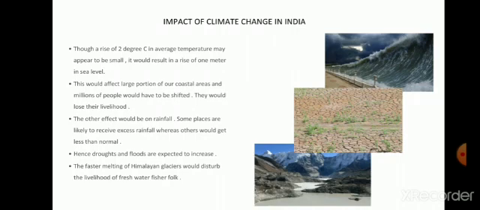Fifth, the faster melting of Himalayan glaciers would disturb the livelihood of freshwater fisherfolk. The reason for melting of glaciers is the deposition of anthropogenic black carbon, BC, on snow and ice, and precipitation changes.